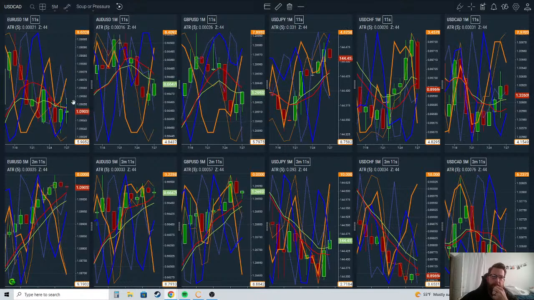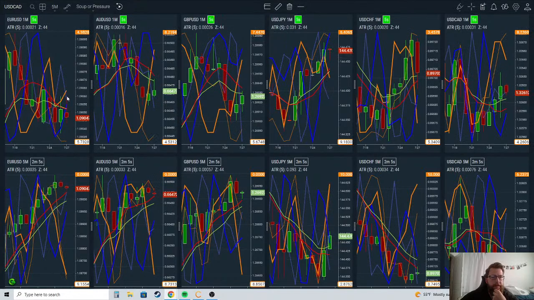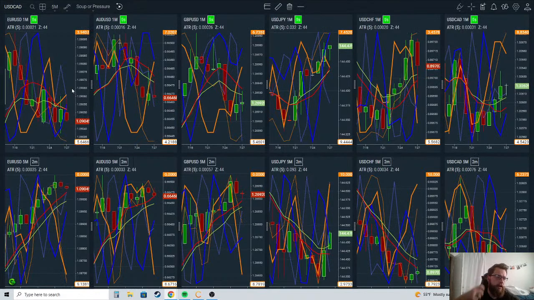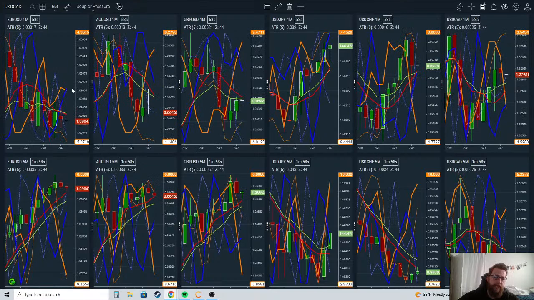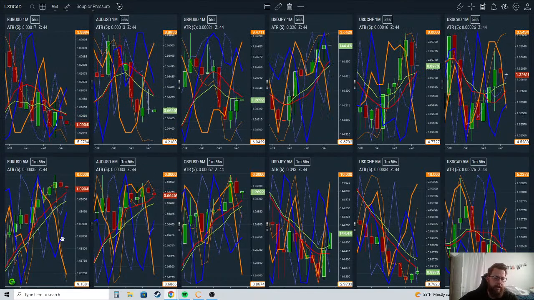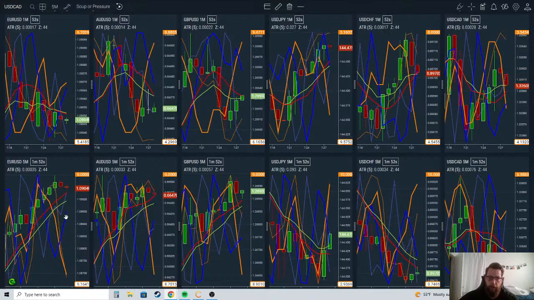But what we also look at when we get the signal is we'll look at the TNTs again and make sure that most of those are going in the direction that we're looking to take the trade, which really this one is not. I mean, both oranges are pointing down, both blues are pointing up.